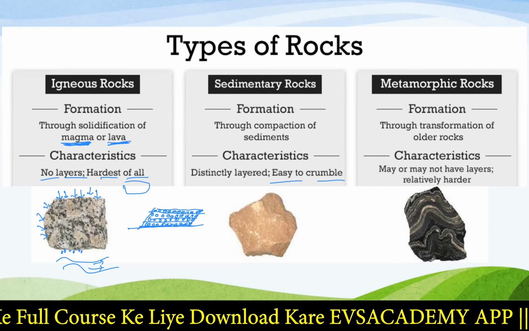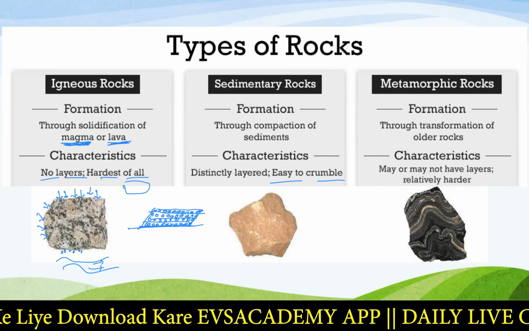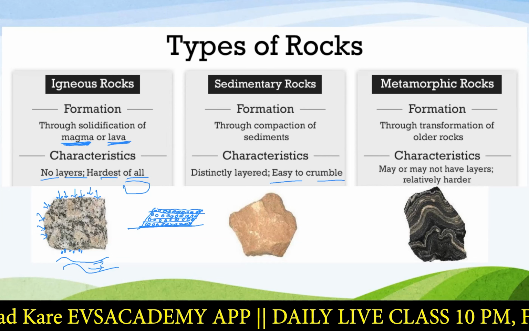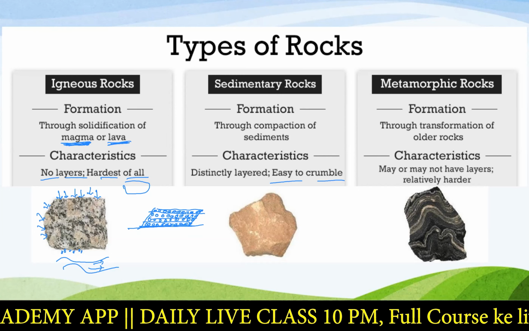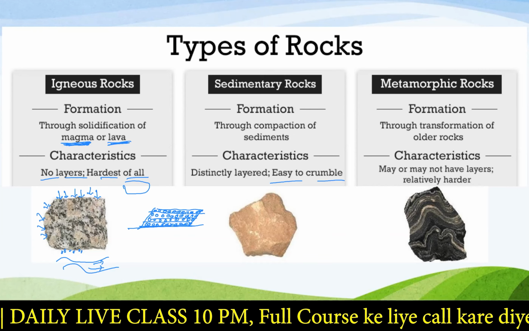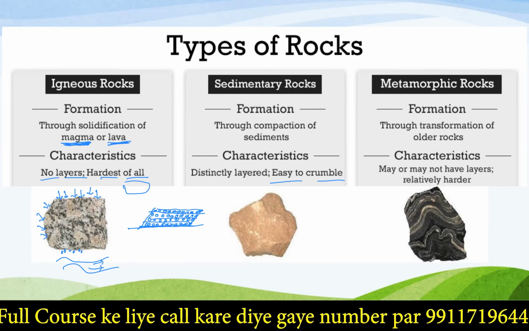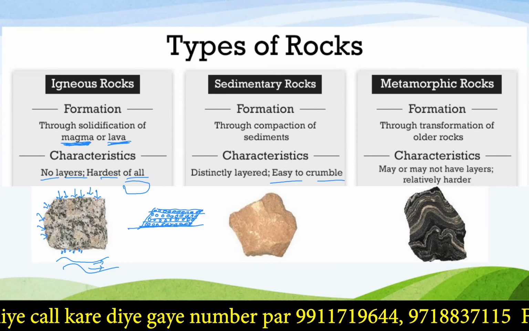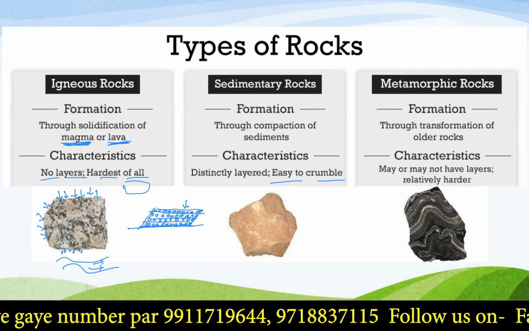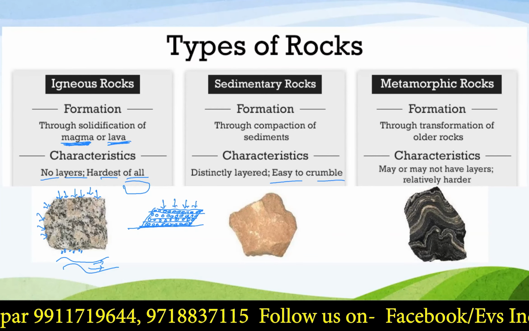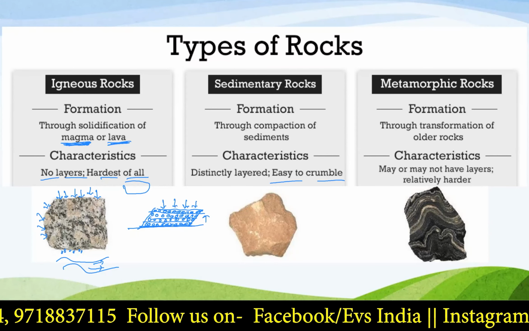This is the second type of rocks. Then we have the third type of rocks. These are formed when there is a transformation of the older rocks. Now suppose this sediment, when there is sediment formation, comes to a very high pressure zone, and because this is below the earth surface, there is a very high temperature as well.